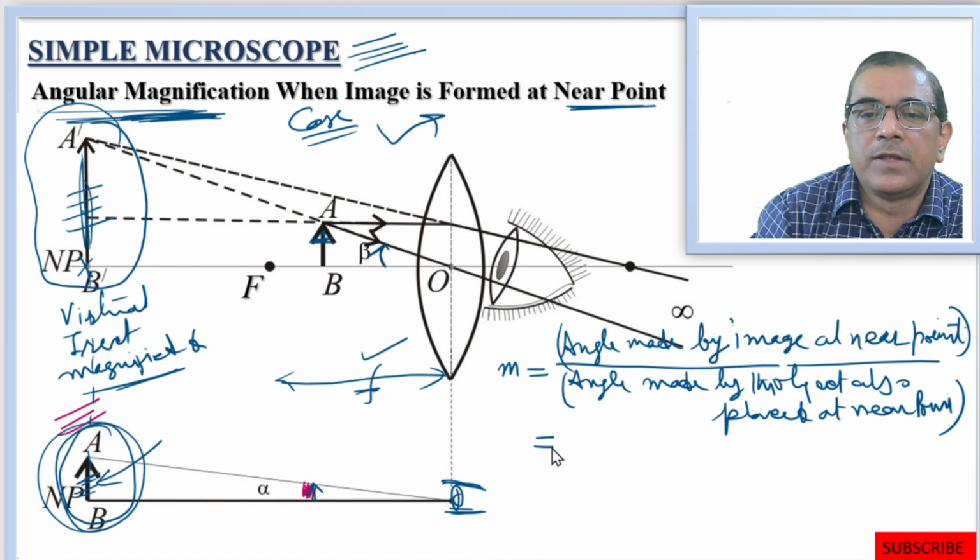By convention, this is equal to beta by alpha.